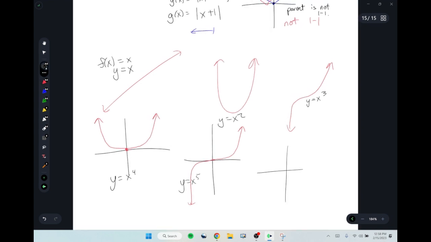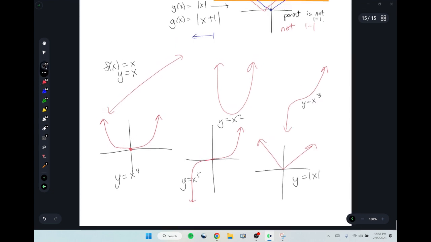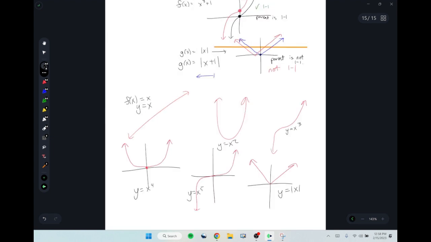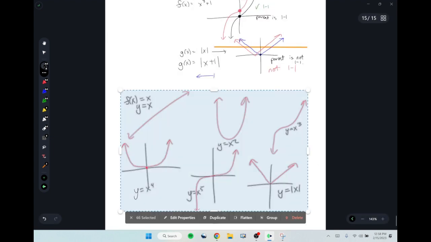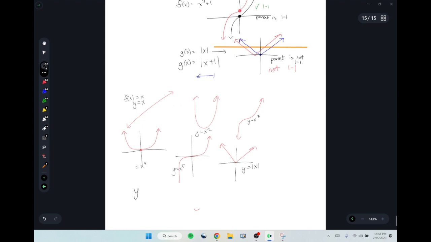Okay, there's a couple more. Absolute value we need to know, right? Looks like that. That's y equals absolute value of x. And also the root is a good one too. Y equals root x looks like a sideways parabola.